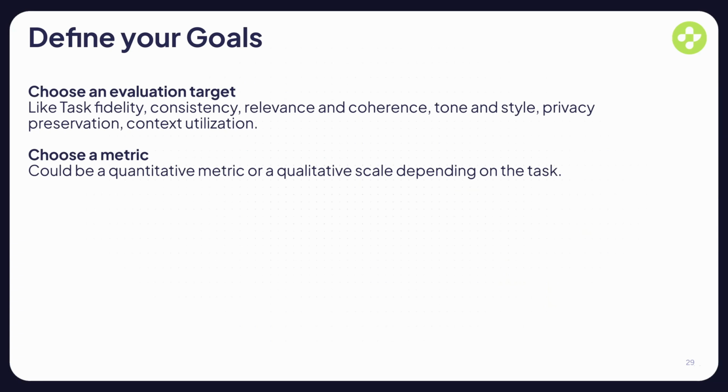So first, you need to become clear about what you want to test. Is it a specific performance metric, or the style, or whatever it is, and which metrics you want to use. That depends a lot on the use case. Can you get the model to output a specific number or something that you can directly compare? Or are you using model-based grading with a scale? Those are things you need to think about when you create your own benchmark.